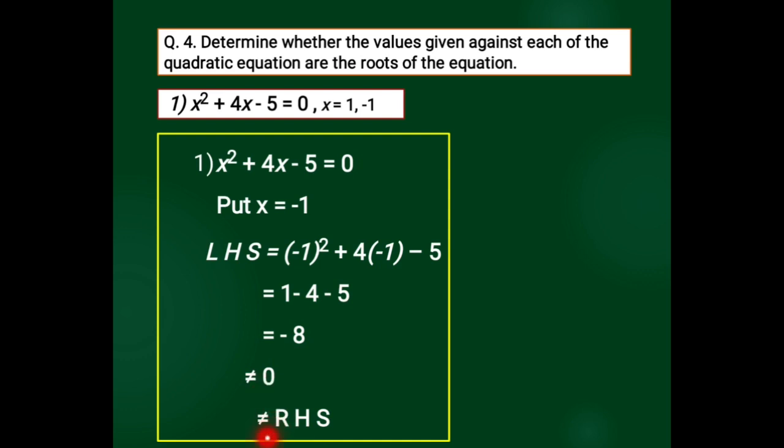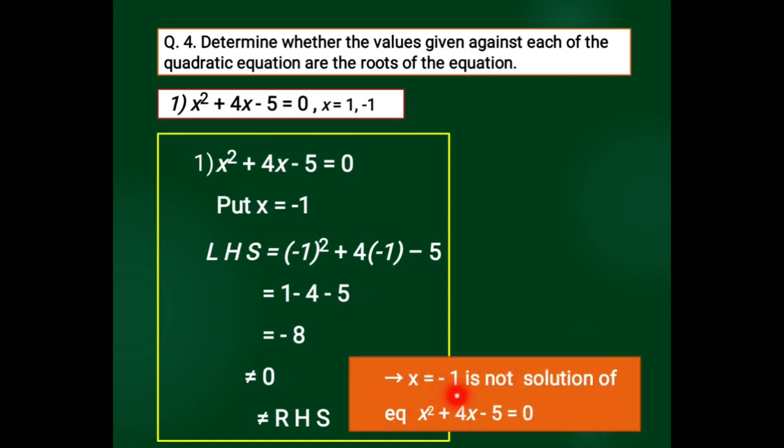So LHS is not equal to RHS. That means the value x equals minus 1 does not satisfy this equation. So we say x equals minus 1 is not a solution of the equation x square plus 4x minus 5 equals 0. See the second example.